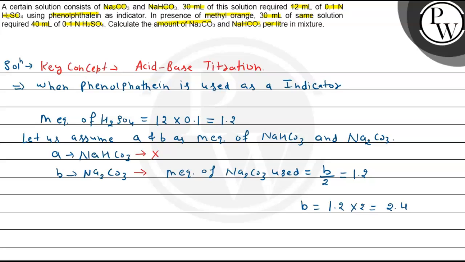To the second situation, and here we are going to use methyl orange as a indicator. So when methyl orange is used as a indicator, then milli equivalent of H2SO4 which is used during the neutralization will be equal to, and here we have given 0.1 normal H2SO4, so these are the 0.1 gram equivalent.